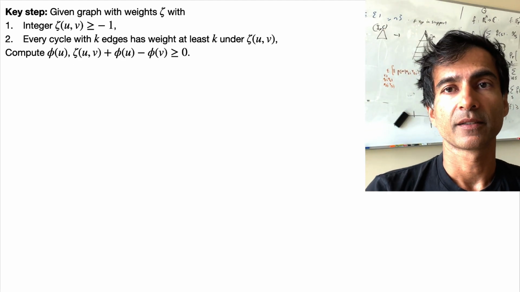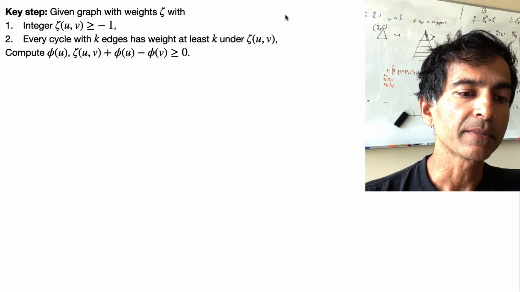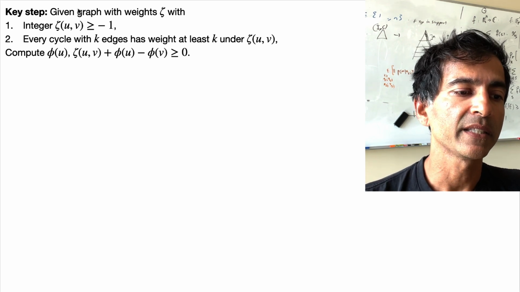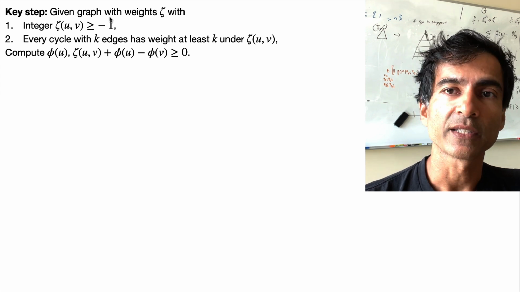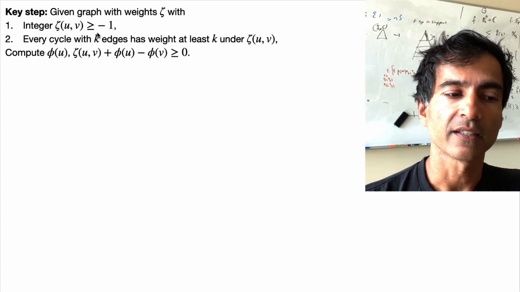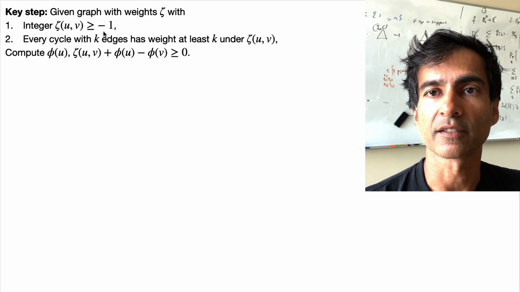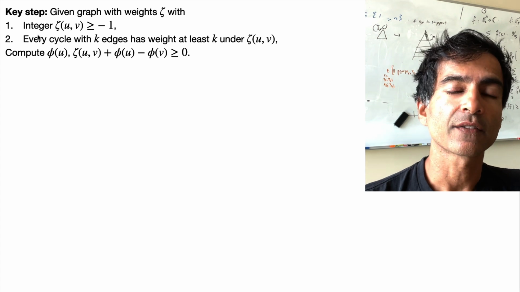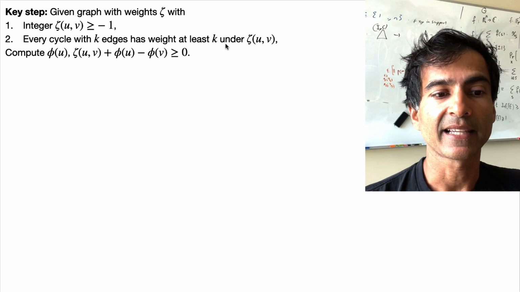So given those ideas, we'll obtain our final algorithm by implementing the following step. This is the heart of the algorithm. The key step will give a nearly linear time algorithm, which, when given a graph with edge weights zeta that satisfy that zeta is an integer whose value is at least -1, so the only negative weight edges are those whose weights are -1, and zeta also satisfies another very strong condition, which is that every cycle with k edges has weight at least k under zeta.